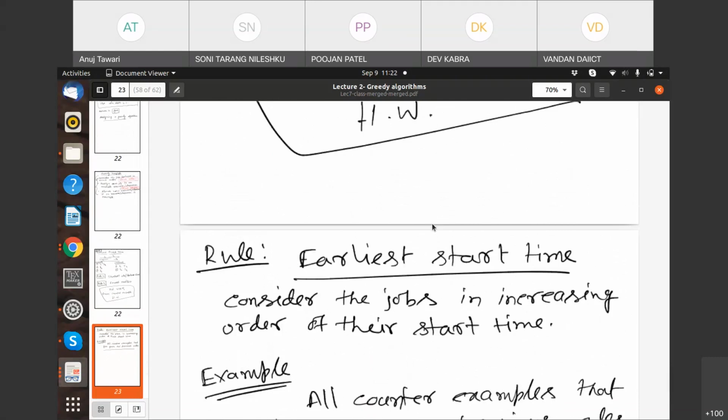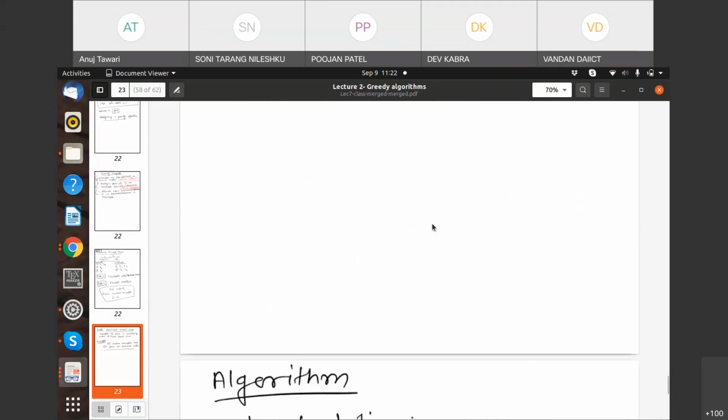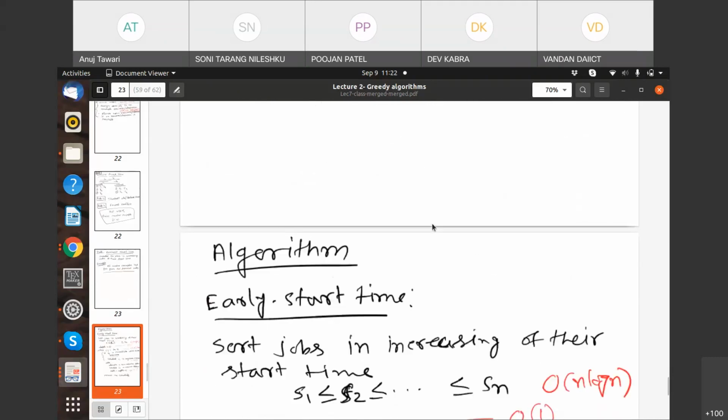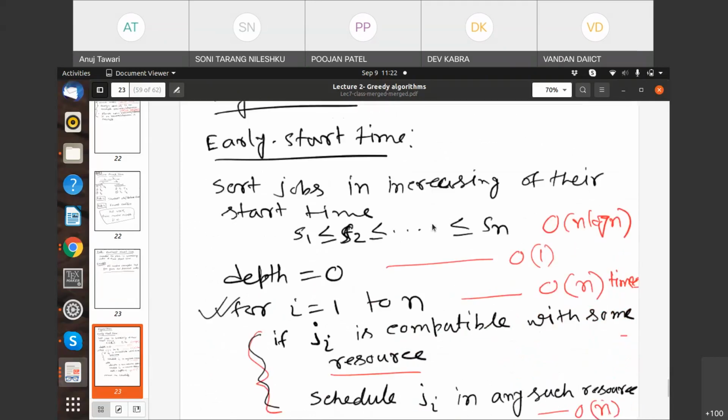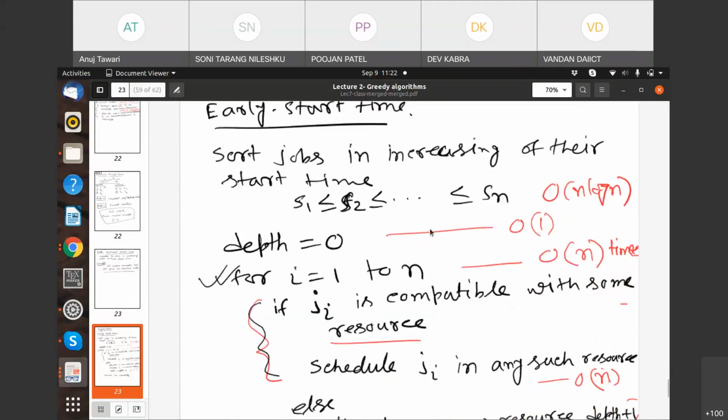What in fact does work is we pick the jobs in increasing order of earliest start time. So what is our algorithm here? We sort the jobs in increasing order of start time. The depth is 0 here.